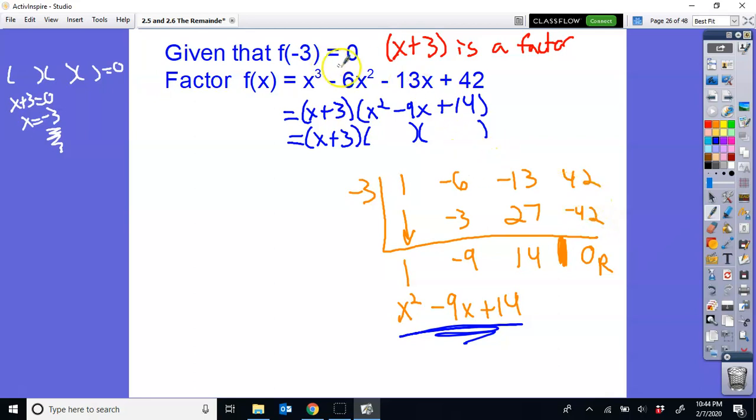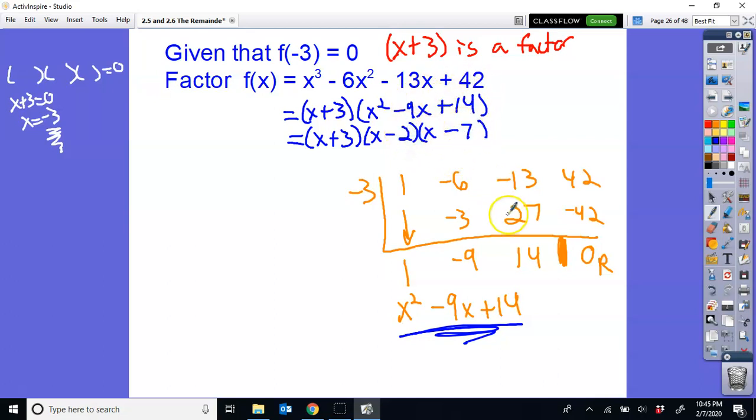Hopefully, now that you've already done that, you should be able to check your answer here. x and x. Plus tells me my signs are going to be the same. The minus in the middle tells me they're both going to be negative. A negative times a negative is a positive, but it'll also give me the negative in the middle when I collect like terms. What are the factors of 14 that give me 9?